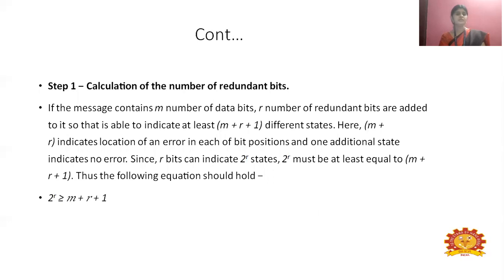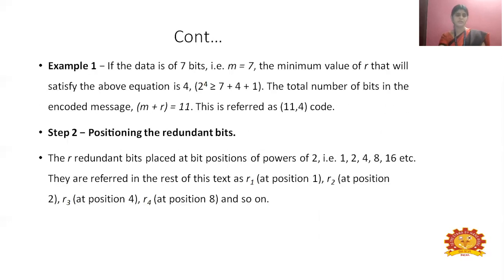Since r bits can indicate 2 power r states, 2 power r must be at least equal to m plus r plus 1. Thus the following equation should hold: 2 power r is greater than or equal to m plus r plus 1.